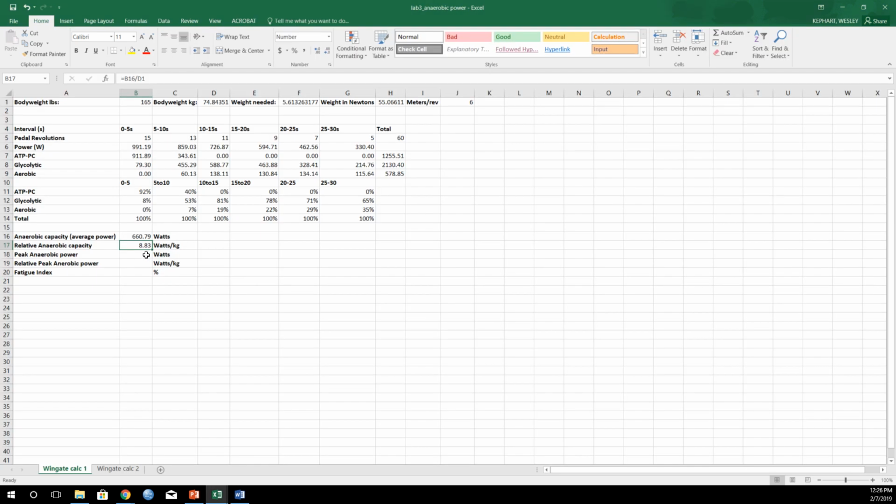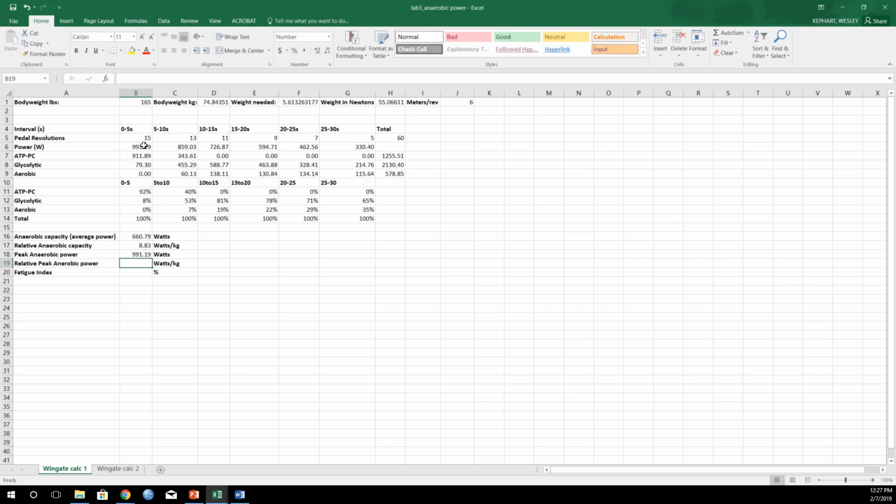All right, let's go over here. Peak power. All this is just the highest amount of power that was held for 5 seconds during the total test. So if you remember, that's actually just this value right here.